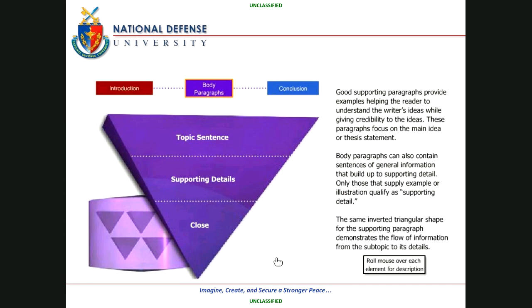So for example, for your diagnostic, if your thesis is the military should play an active role in curbing coronavirus, then my topic sentence could be something like, the military could use its medical resources in order to aid civilians.